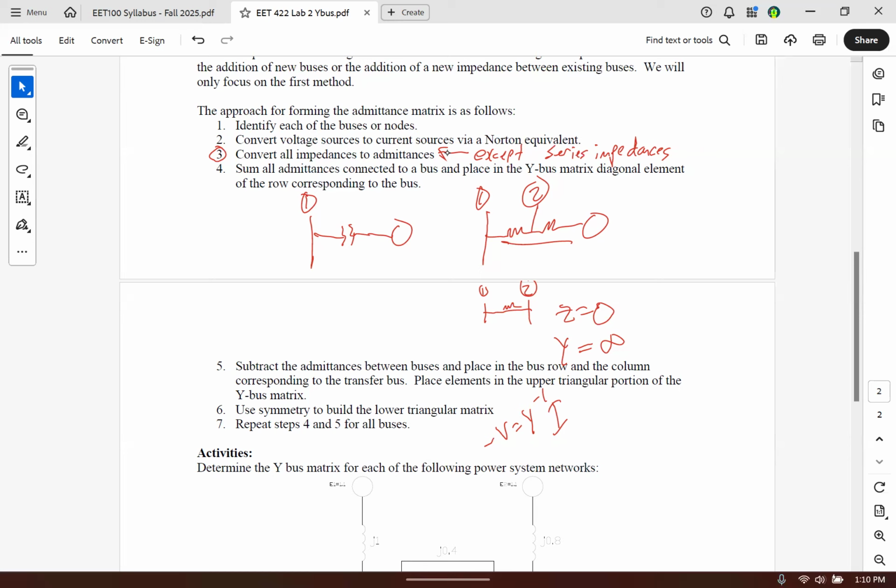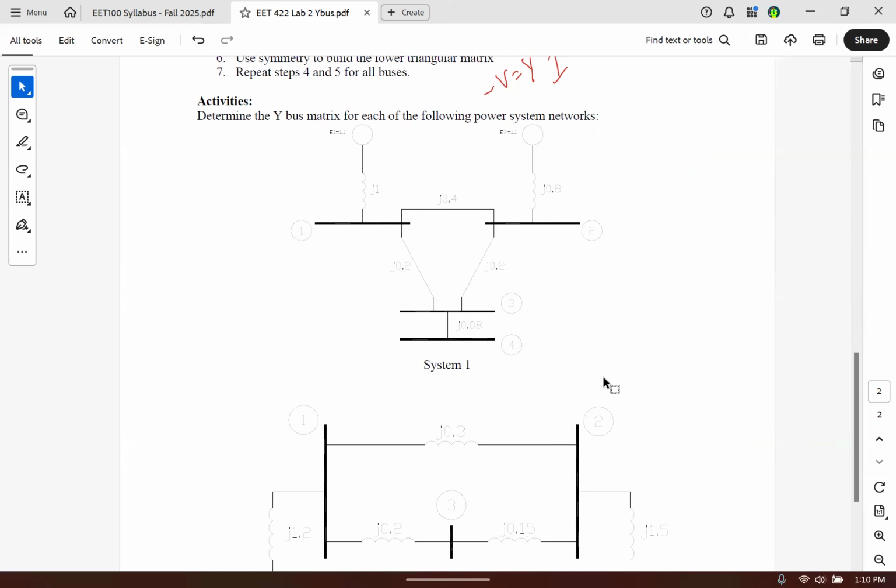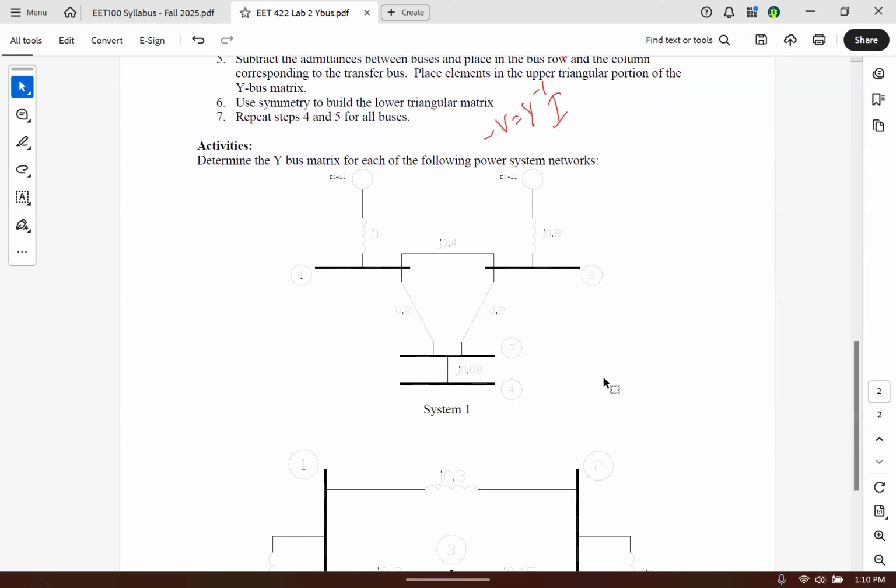The other nice thing about building Y bus is if I look at the system over here, you can see that there's no connection between bus 1 and bus 4, right? So if I wanted to build Z bus, just for argument's sake, what would you put for an impedance between bus 1 and 4?